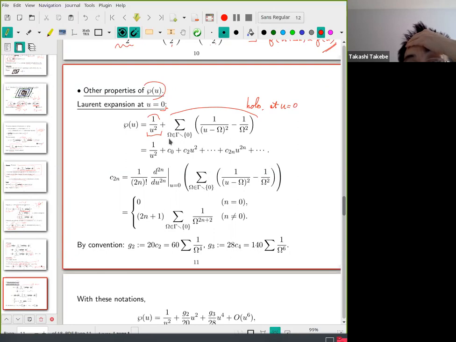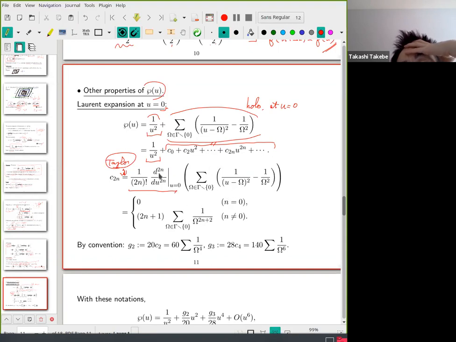So we have a Taylor expansion for this part, and this is a principal part. This is the Taylor formula. The coefficient for u to the n is equal to this value, this derivative.